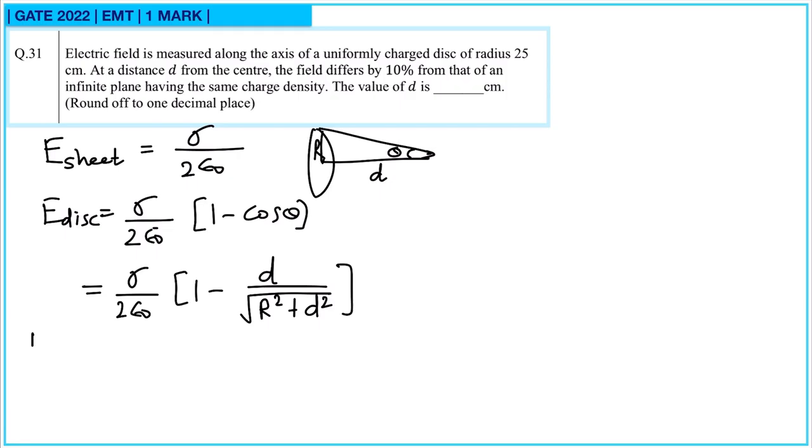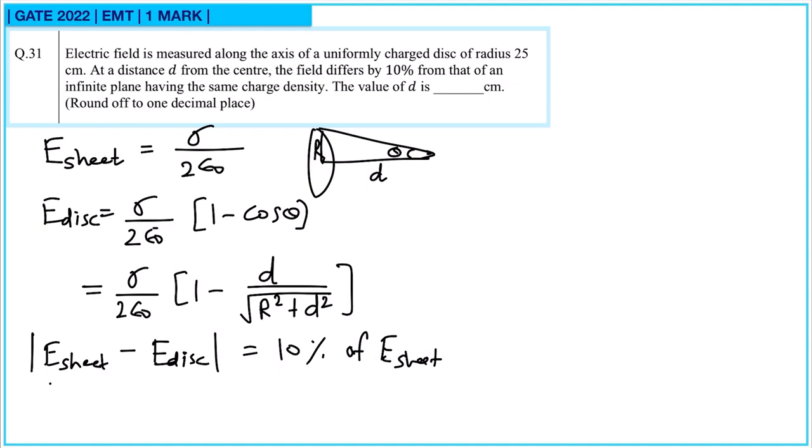Now it is given that the difference between these two is 10% of the electric field of the sheet.